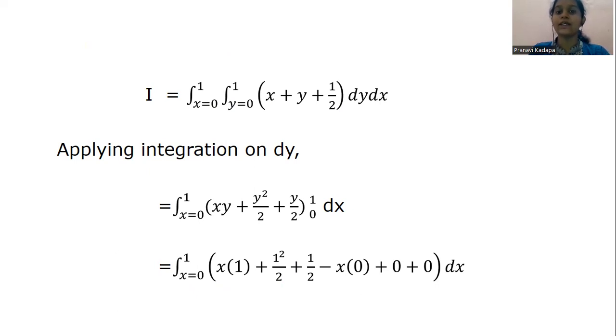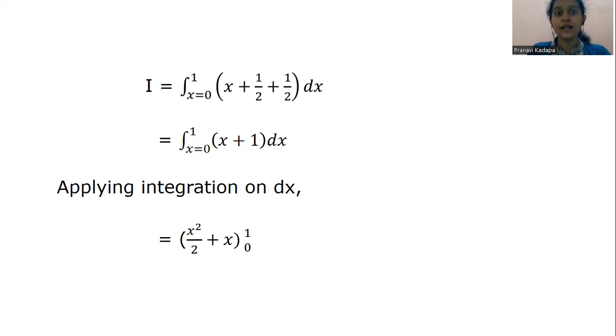After applying lower limits and higher limits, we'll get I equals integral x from 0 to 1 of x plus 1 by 2 plus 1 by 2 dx. By solving, we'll get integral x from 0 to 1 of x plus 1 dx.